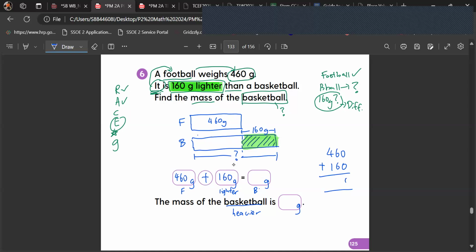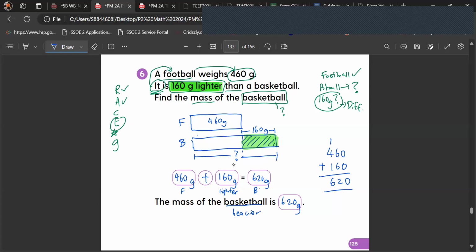Remember to do your regrouping? Yes, very fast. I heard Haziq saying 620 grams. Is it indeed a bigger number compared to the football? Yes. It's plus because if I use minus, that means I'm cutting from the basketball. That's not correct.